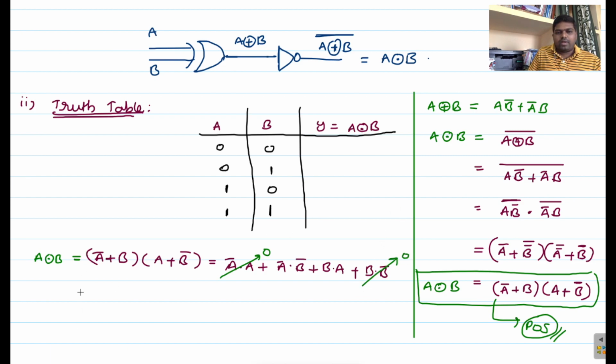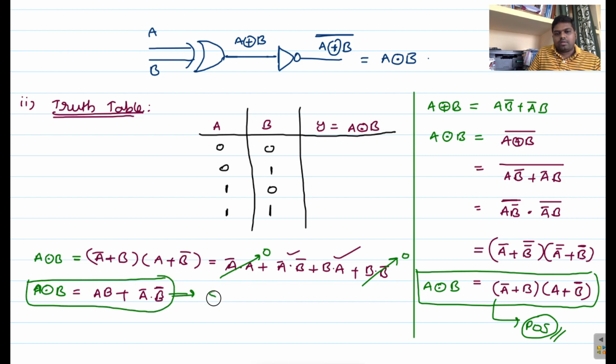Then what you will get: a b term, plus a bar b bar term. This is your a XNOR b sum of product nature.